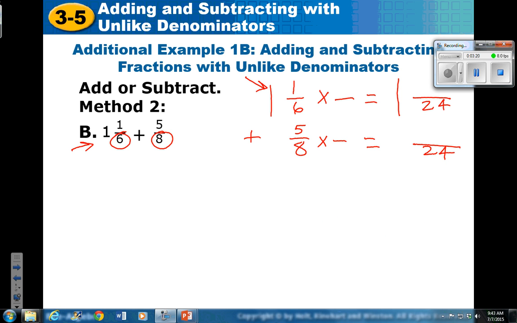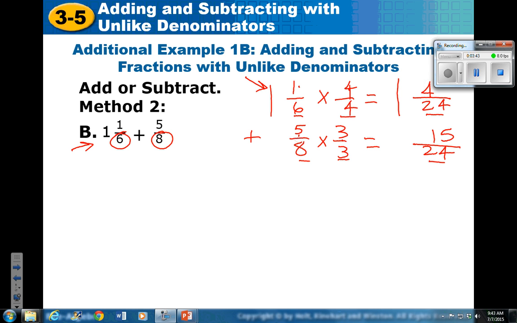And now we need to figure out our numerators. 6 times something equals 24. That something is 4. We'll multiply top and bottom. 1 times 4 is 4. 8 times something equals 24, and that's 3, top and bottom. 5 times 3 equals 15.